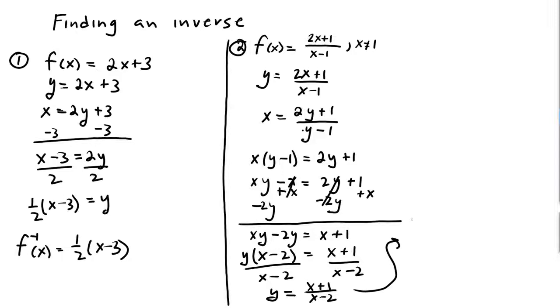So I'm just going to come up here. That means that f inverse of x is x plus 1 over x minus 2, and then I just have to put the condition here, right? X cannot be what? Well, what's going to make that 0? It's going to be 2. So that is the inverse function.